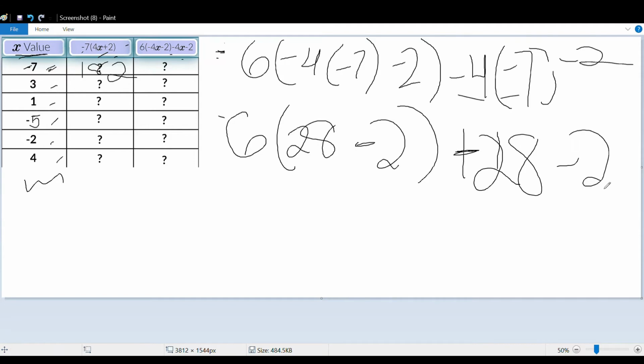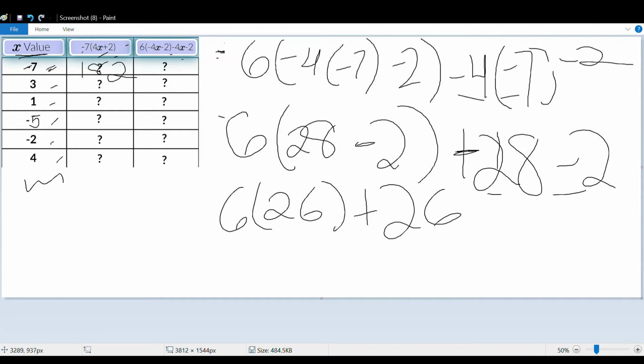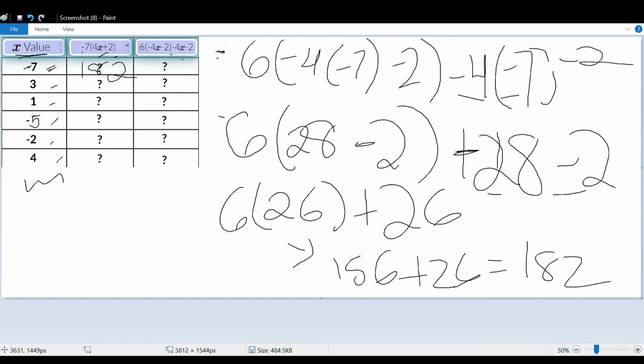So 28 minus 2 is 26, and that's 6 times 26 plus 26 plus 26. 6 times 26 is 156, and 156 plus 26 gives us a grand total of 182. So when we put -7 into this equation, it also equals 182.